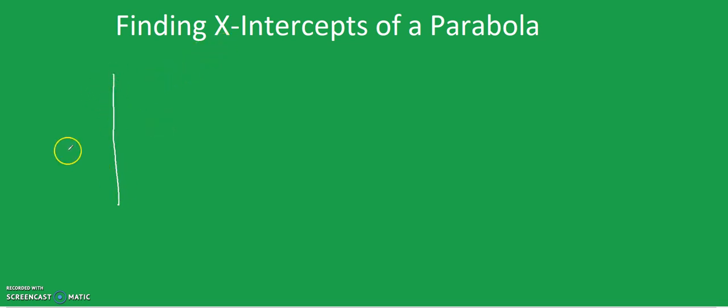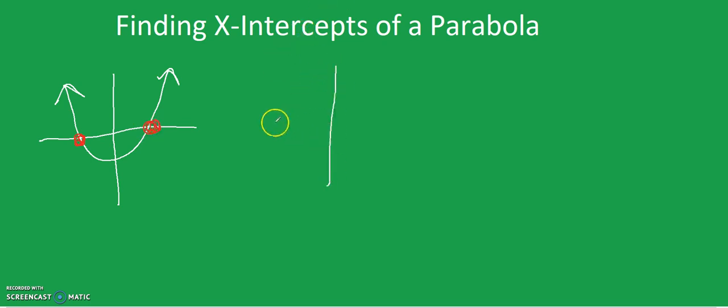If I just graph a parabola, the x-intercept, just like with any function, is going to be where my graph crosses the x-axis. Now, this can occur in a few different ways, so let me draw all three cases. The first way, I have two solutions, two x-intercepts.